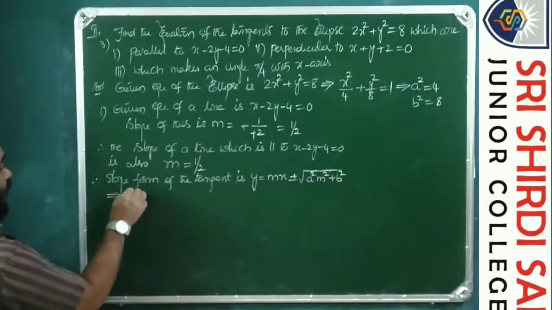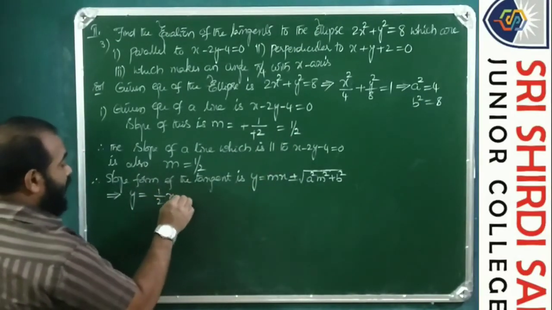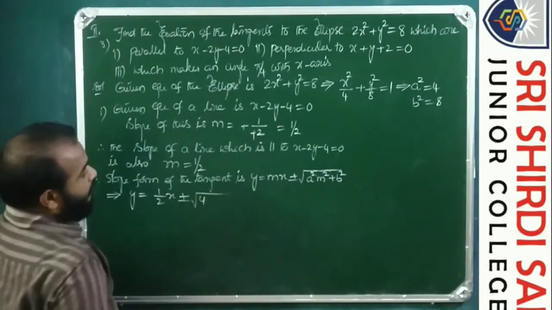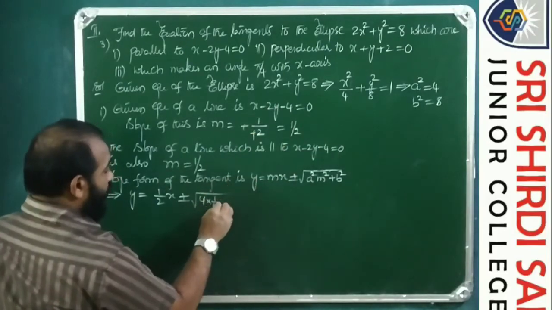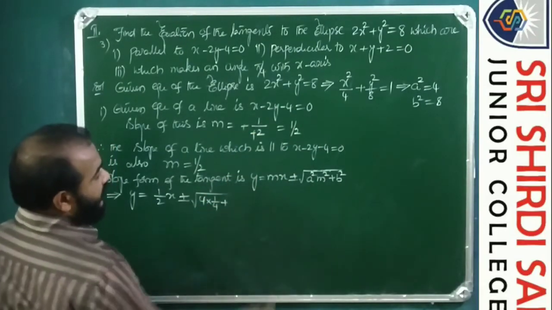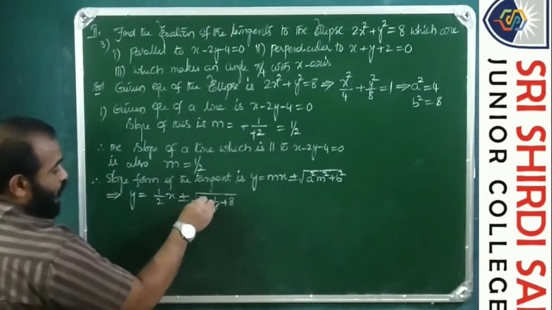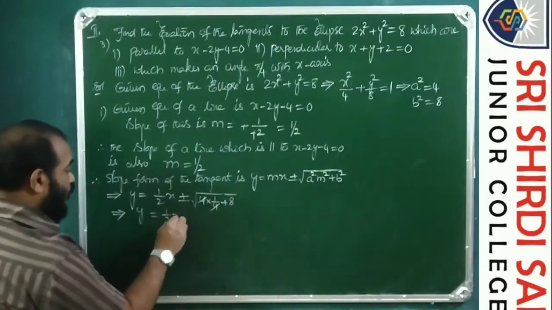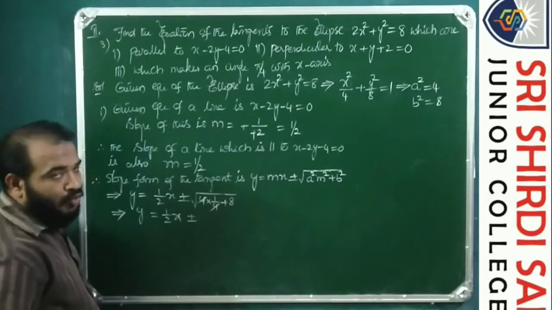So this implies y equals mx, m is 1 by 2, x plus or minus square root of a square is 4, m square is 1 by 2 whole square, 1 by 4, plus b square is 8. So 4 gets cancelled. y equals 1 by 2 x plus or minus square root of 1 plus 8, 9. Root 9 is 3.